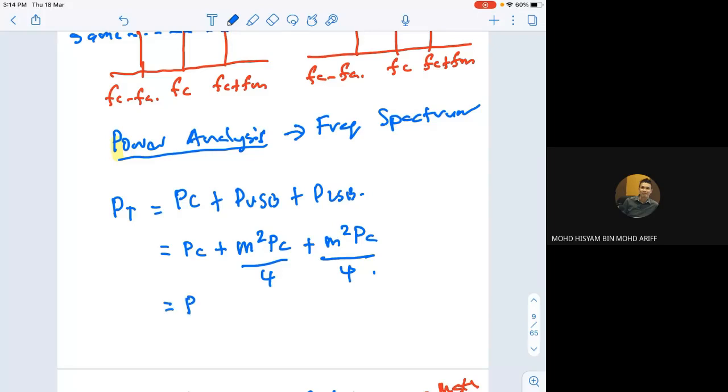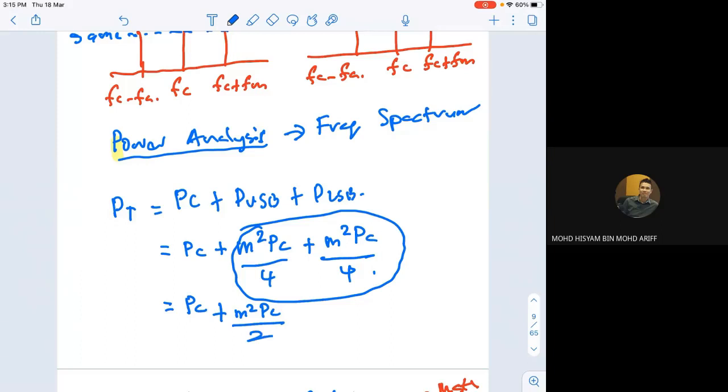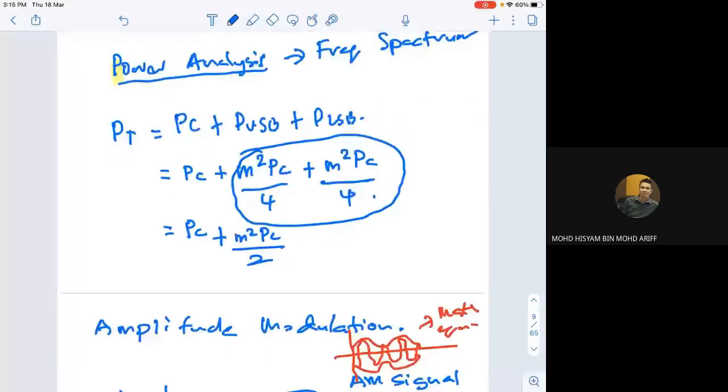You add them up. Here they are the same, right? 1 over 4 plus 1 over 4 equals what? M squared PC over 2. Correct or not? 1 over 4 plus 1 over 4, you don't know? Correct. Very good.